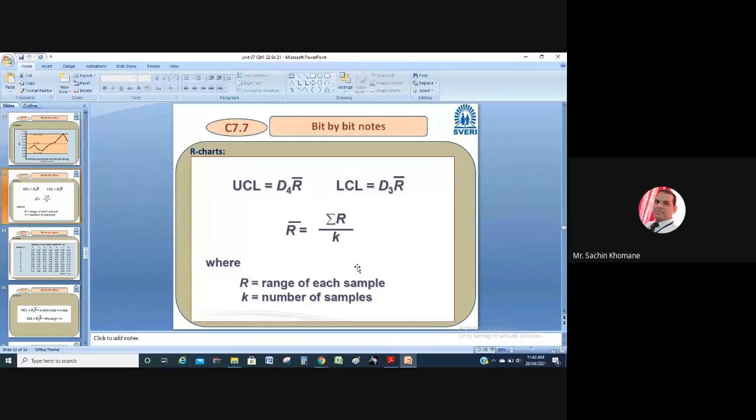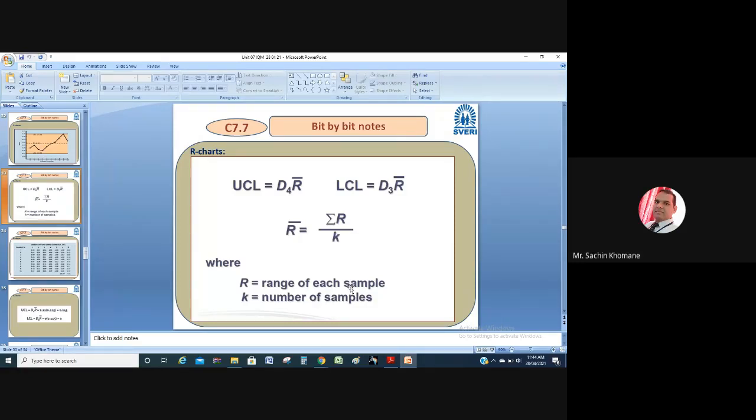Only UCL and LCL are changing here. They have given different formulas. UCL is D4 R bar and LCL is D3 R bar. Now you will ask me what are D3 and D4? These are constants. And all of us know R means the range of each sample, and you know how to calculate range: maximum value minus minimum value, and K is the number of samples.